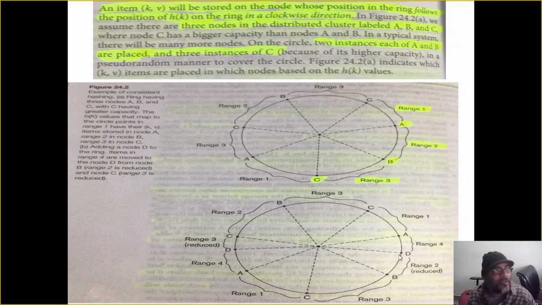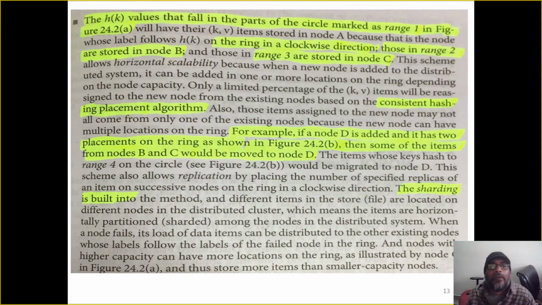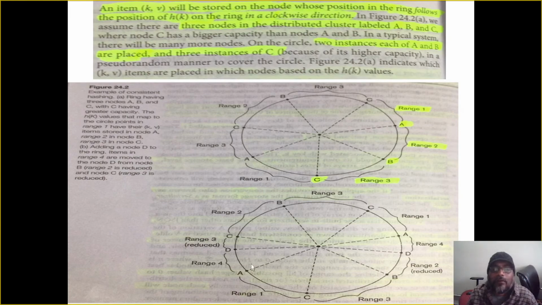Data which is close to the node, when we move anti-clockwise, then this C data will be moved from C to D, from B and C. So from C here and from B here, it will be only when we have anti-clockwise.